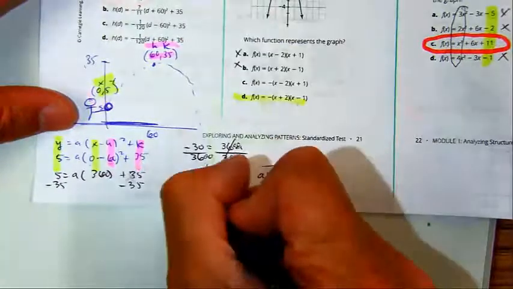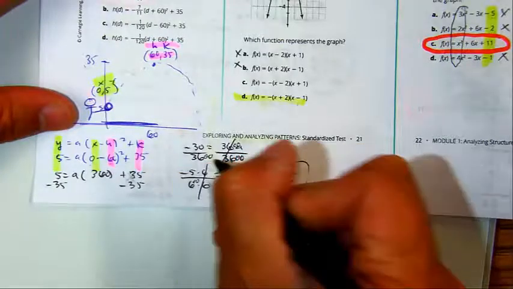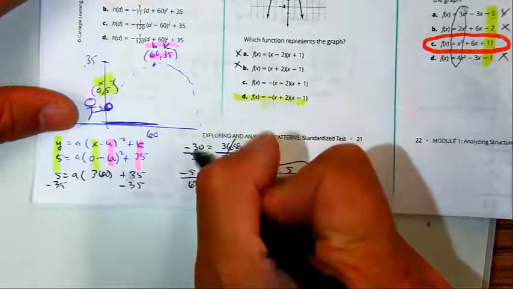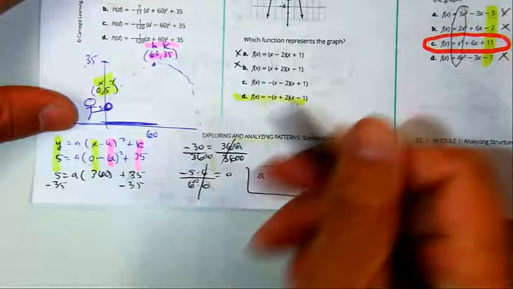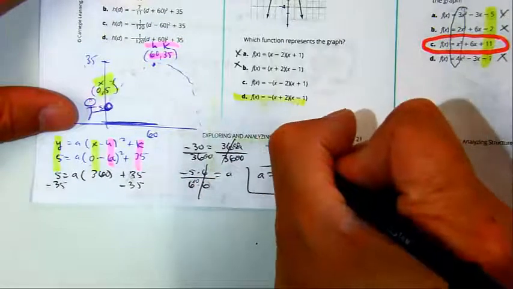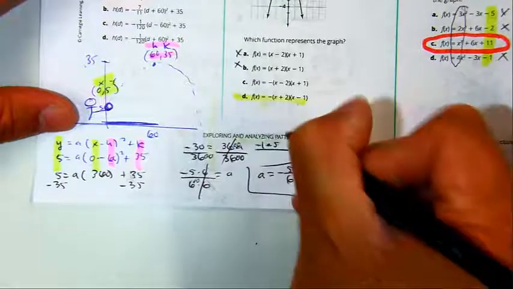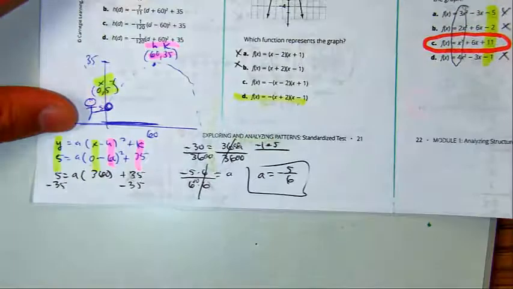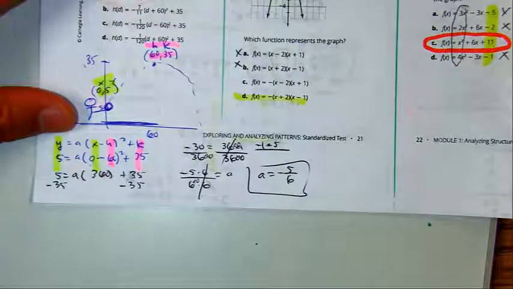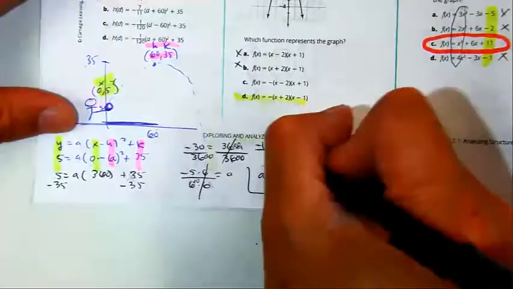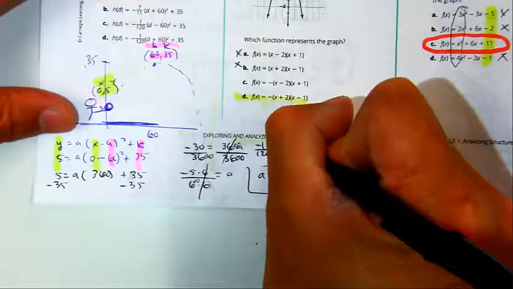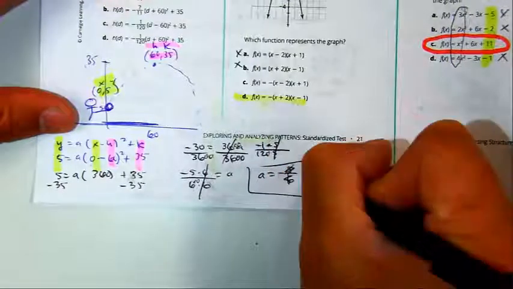You can think of that as negative 5. So that's negative 30. 3600 is 600 times 6. So I have negative 5 or negative 1, negative 1 times 5. And then 5 goes into 600 120 times. So the 5's will cancel. You're left with negative 120.